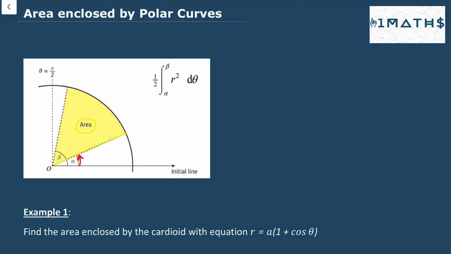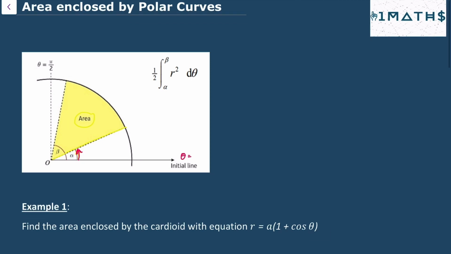So we always measure anti-clockwise from the initial line where theta is equal to 0, and this angle beta. In order to find the area, we're going to use the formula half r squared d theta between beta and alpha, and that is going to give us this shaded area.